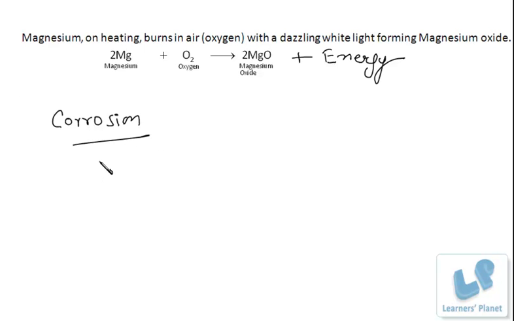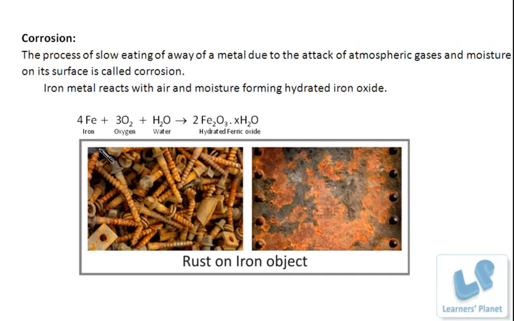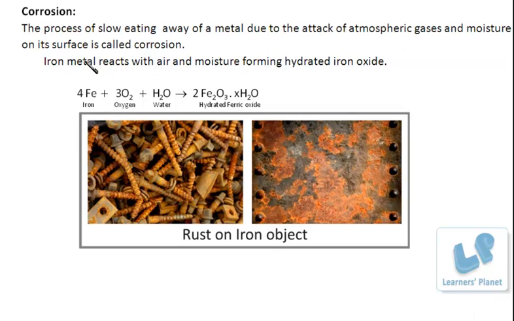What is corrosion? The process of slow eating away of a metal due to the attack of atmospheric gases and moisture on its surface is called corrosion.